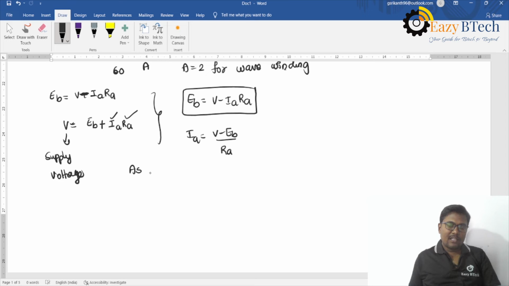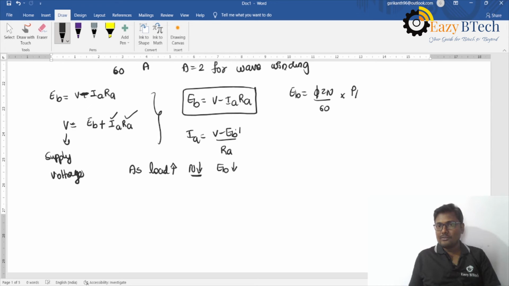As you apply load, the speed decreases. If the speed decreases, then the back EMF also decreases. We have the equation Eb = (φZN/60) × (P/A). Once the design is over, the number of poles, parallel paths, and conductors are constant, and 60 is also constant.